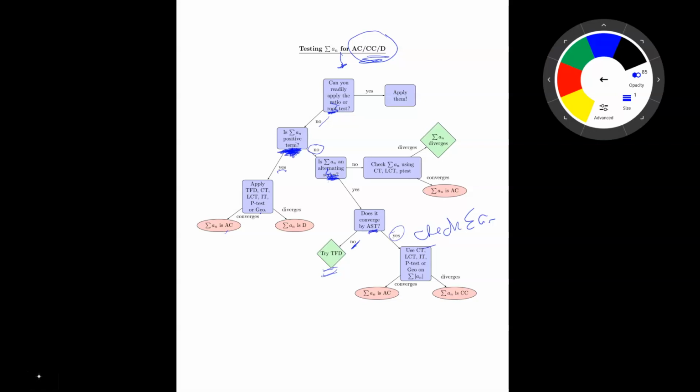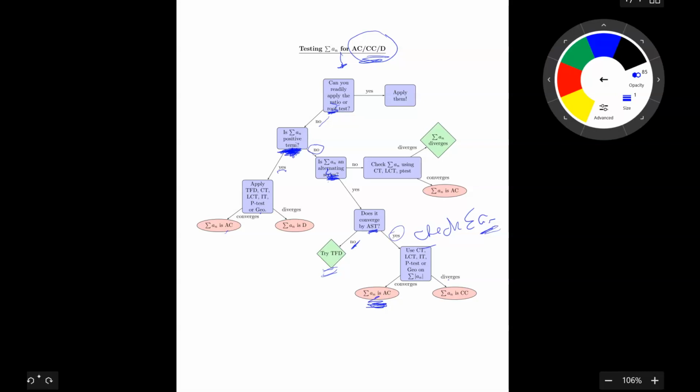Here I'm going to use the comparison test, meaning the basic comparison, the limit comparison, the integral test, the p-test, geometric, all the things on the positive part. If it converges, I have converge by AST, and then the positive part converging, that's the time I get absolutely convergent.